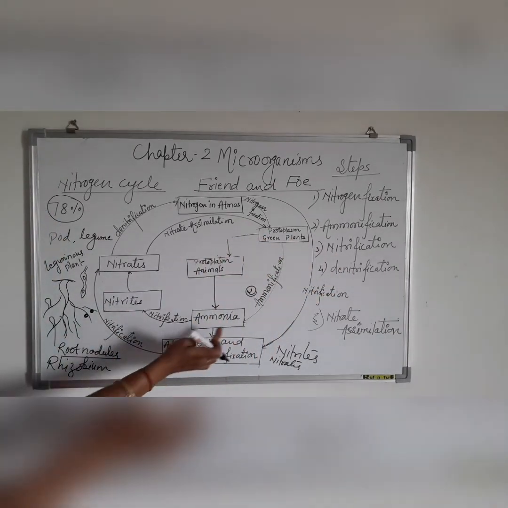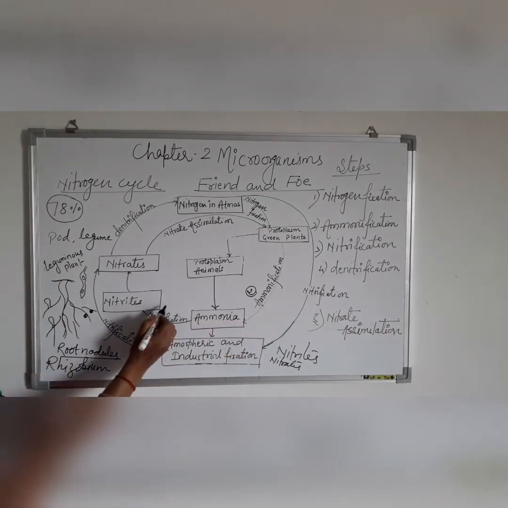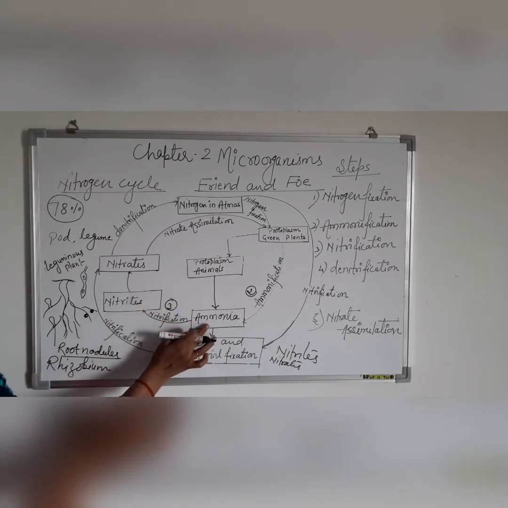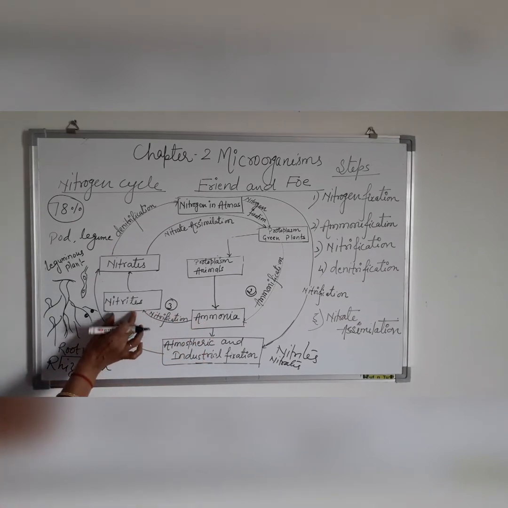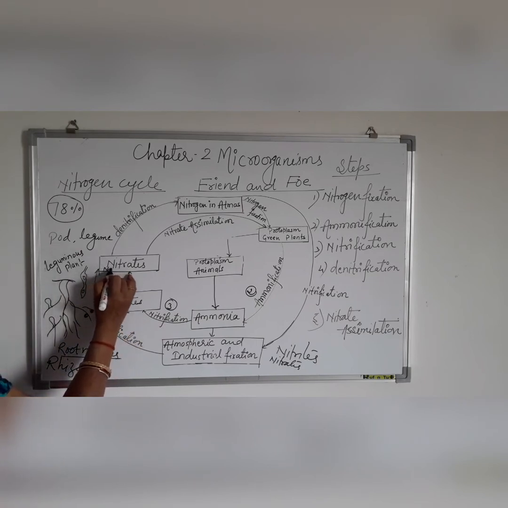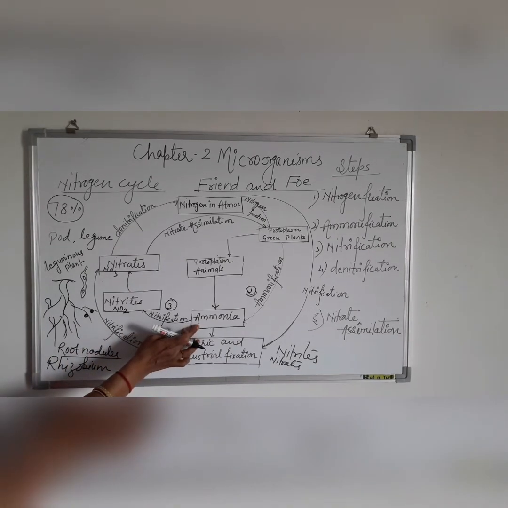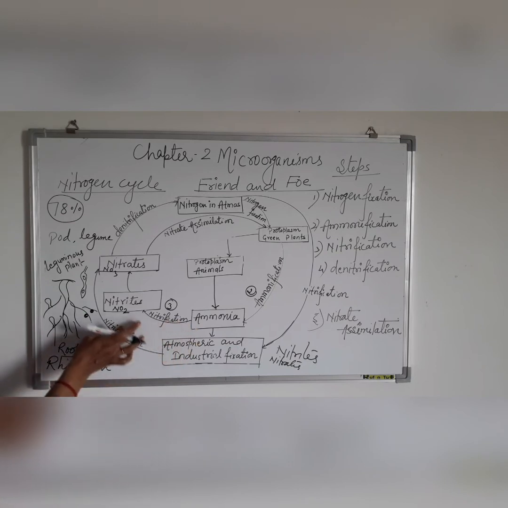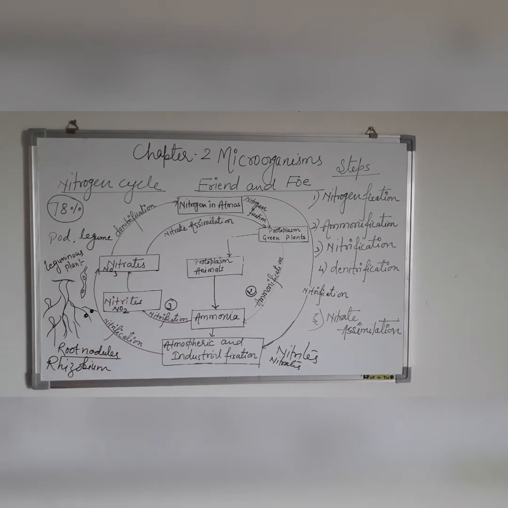Now move on to the third point, which is nitrification. As we have seen, in ammonification ammonia is formed, and after that ammonia is oxidized with the help of oxygen and forms nitrites, that is NO2, and after that forms nitrate. Because here ammonia is converted into nitrites and nitrates, this process is called nitrification.